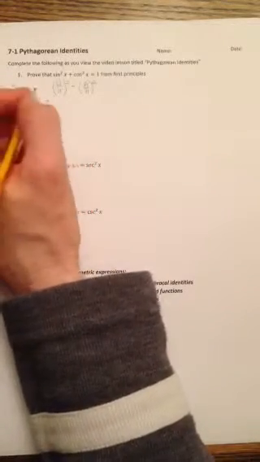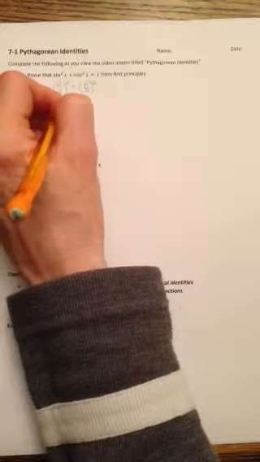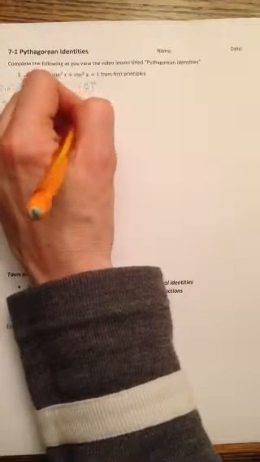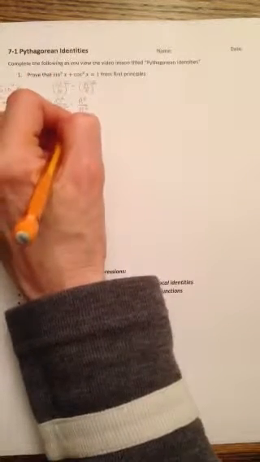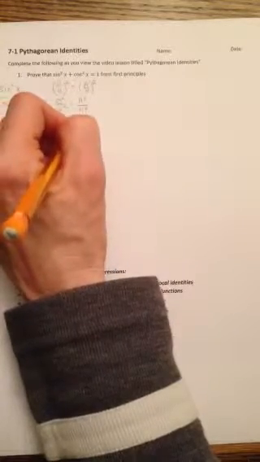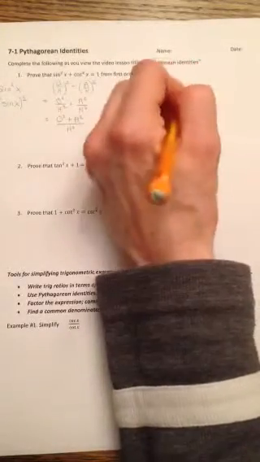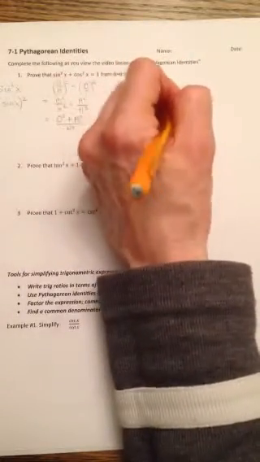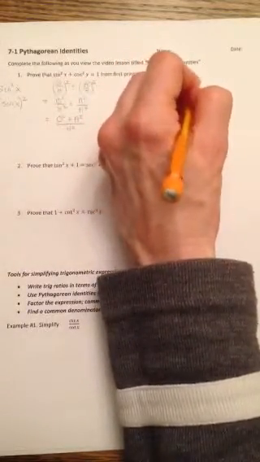So with a little simplification, some algebra, we get opposite squared over hypotenuse squared plus adjacent squared over hypotenuse squared. We have a common denominator, so we can write this as opposite squared plus adjacent squared over hypotenuse squared. Now remember that from any right angle triangle, if this is our angle x, this would be opposite, adjacent, and hypotenuse.